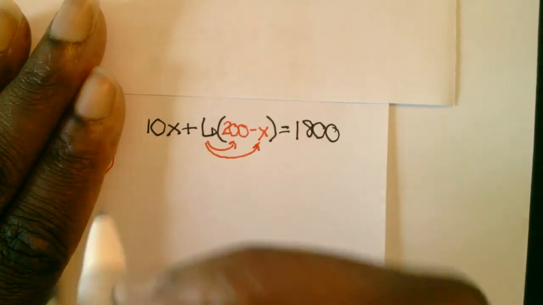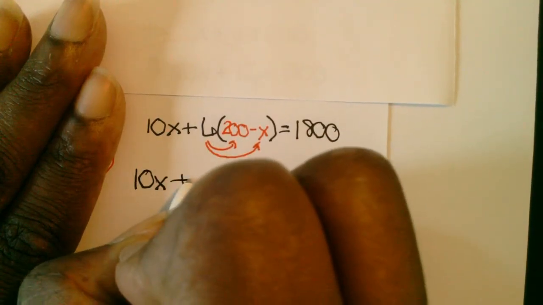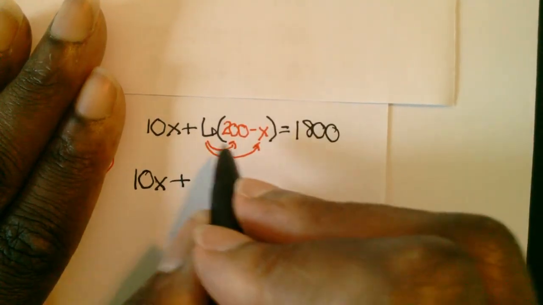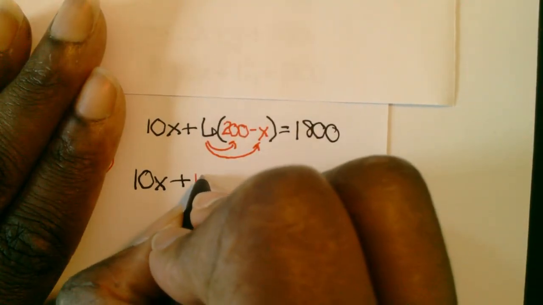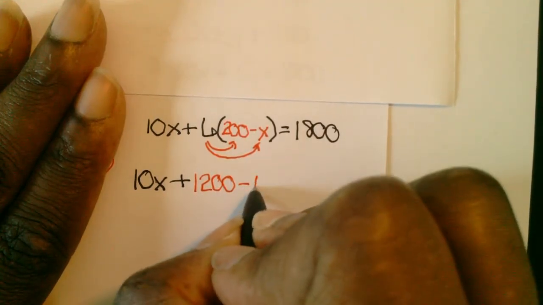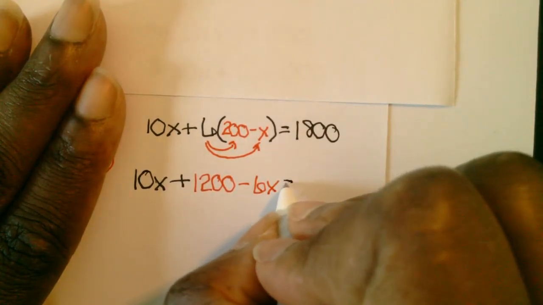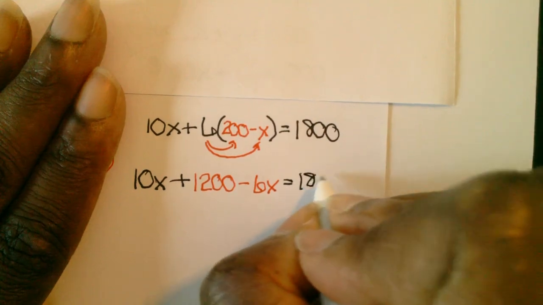So it's going to look like this. You have your 10x plus 6 times 200 is 1200 minus your 6x equals your 1800.